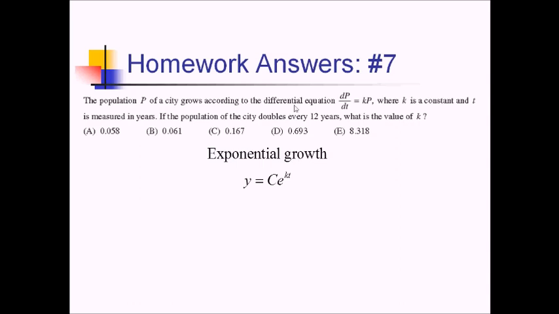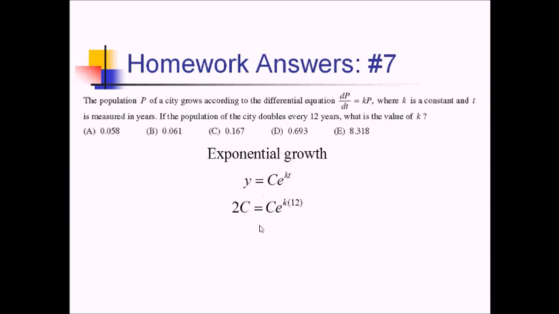So they're telling us the population of the city doubles every 12 years, and they want to know the value of k, which is this k here in this equation. So to figure this out, instead of having y here, we want to make this 2 times c, 2 times the initial value, and they gave us a time of 12. So we've got 2c equals c times e to the k times 12.